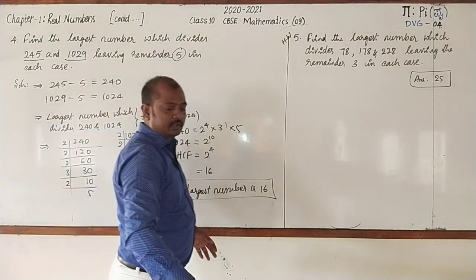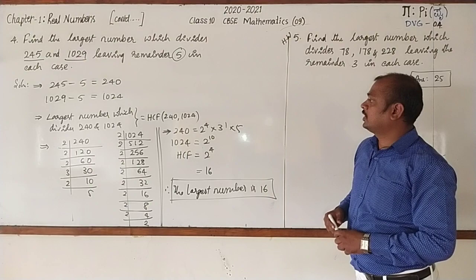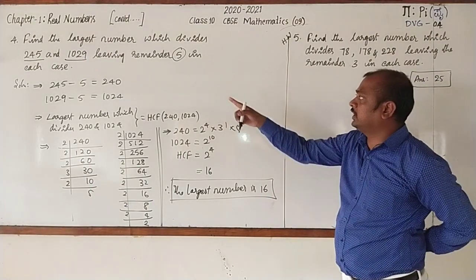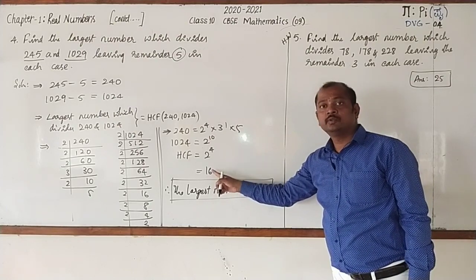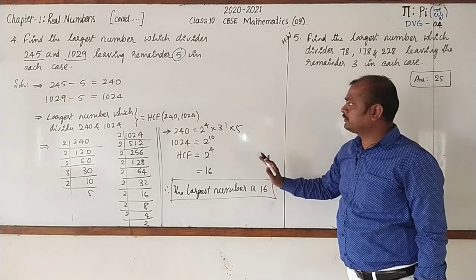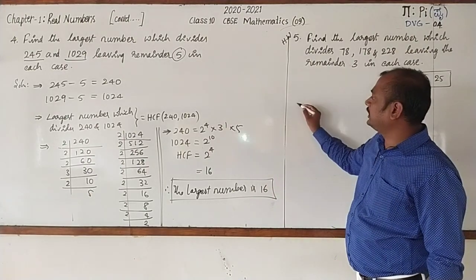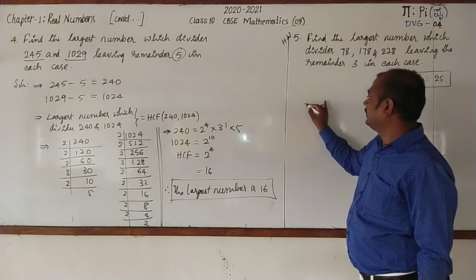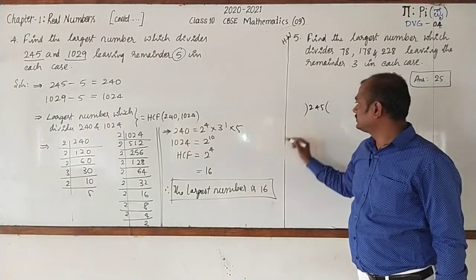Even you can go for checking also. How? The given numbers are 245 and 1029. When you divide those numbers by 16, you will get the remainder 5. Just for the sake of information, I am going to divide. Observe, 245. Let us divide this by 16.